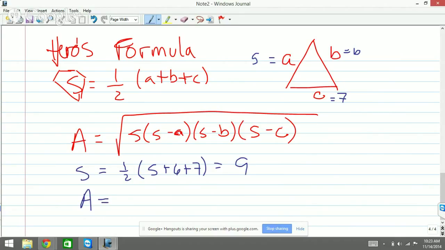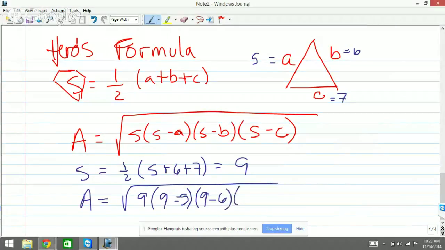Now the area. 9 times 9 minus 5 times 9 minus 6 times 9 minus 7. 9 minus 5 is 4. 45 times 36 times 3 is 108 times 2 is 216.